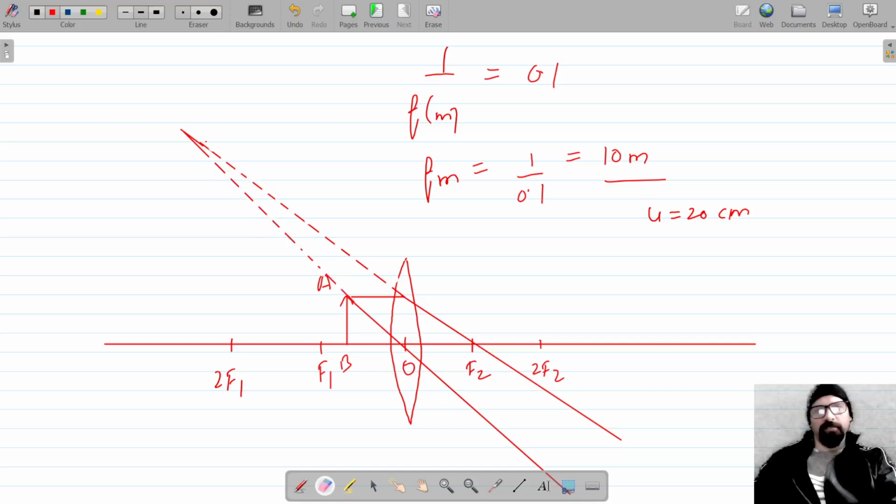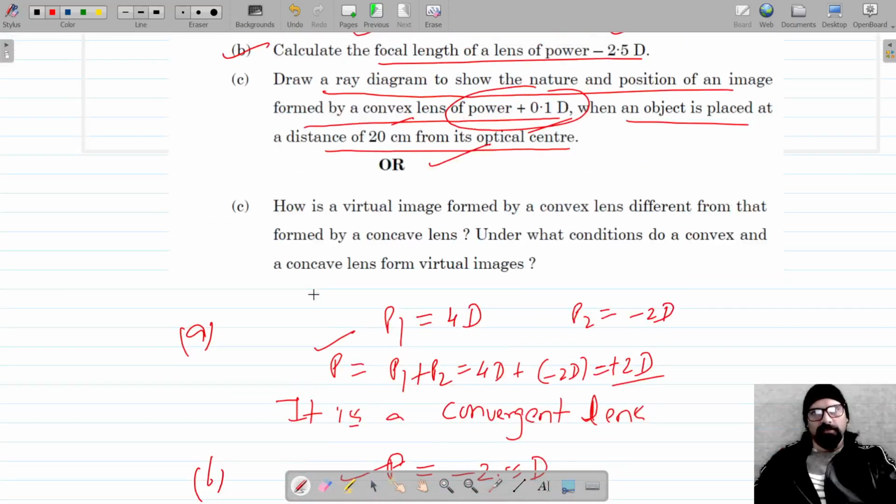So the image formed here is virtual and erect. It's highly magnified. So this is the image formed, A dash B dash, which is beyond the center of curvature.